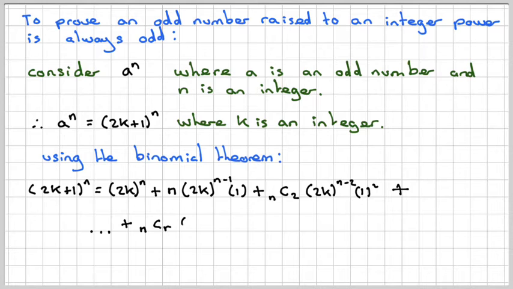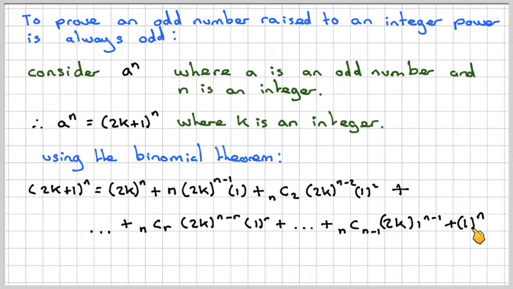And then so on. The general term will be nCr, 2k to the n minus r times 1 to the r, plus nC(n minus 1). This is the last but one term, 2k, and this will be 1 to the n minus 1. And then at the end we'll have plus 1 to the n. So this is the binomial expansion of that.